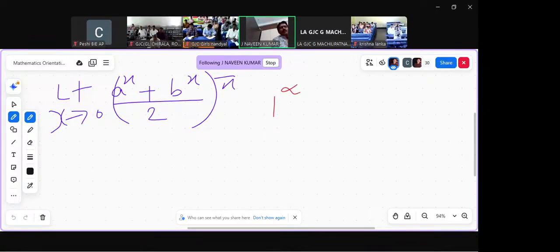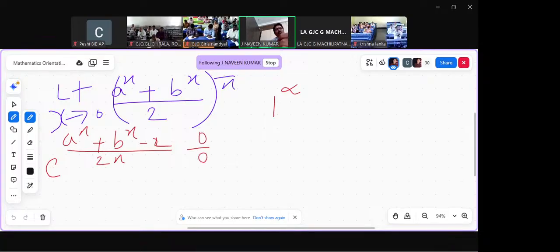So simply you can use the shortcut e to the power of f of x minus 1: (a power x plus b power x by 2) minus 1. I am writing the LCM directly by 2, that means minus 2 whole by 2x. It becomes limit x extends to 0, (a power x plus b power x minus 2) whole by 2x. You will observe that it is in the form of 0 by 0.